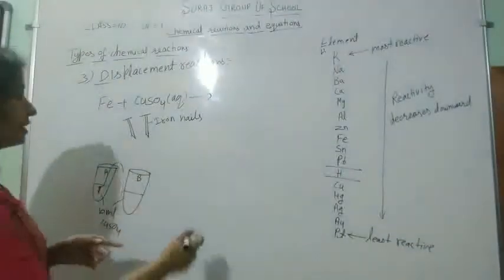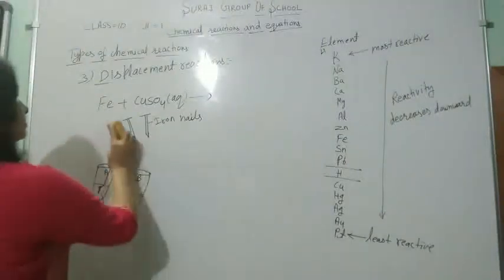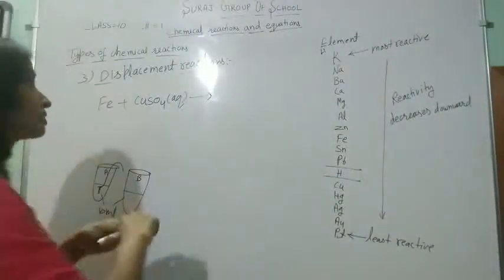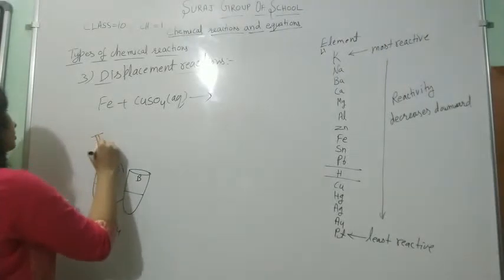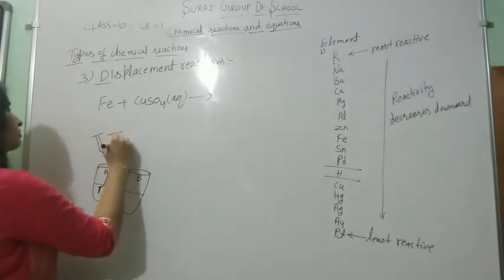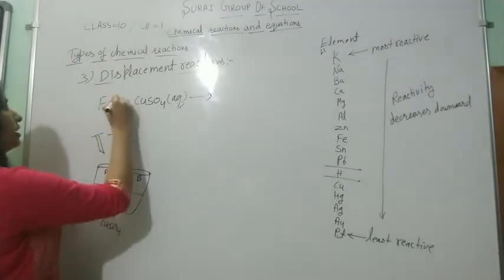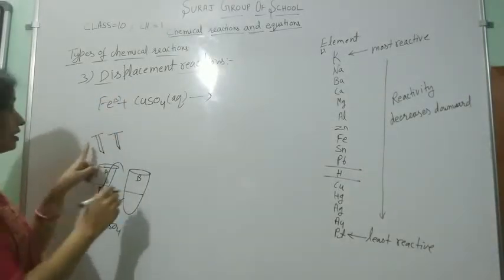So we can write the reaction as follows: iron in solid state, which is the iron nail.